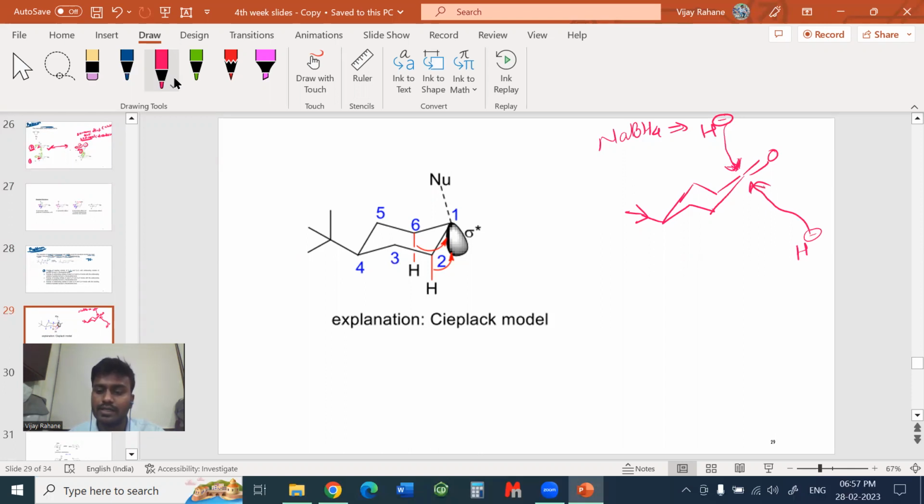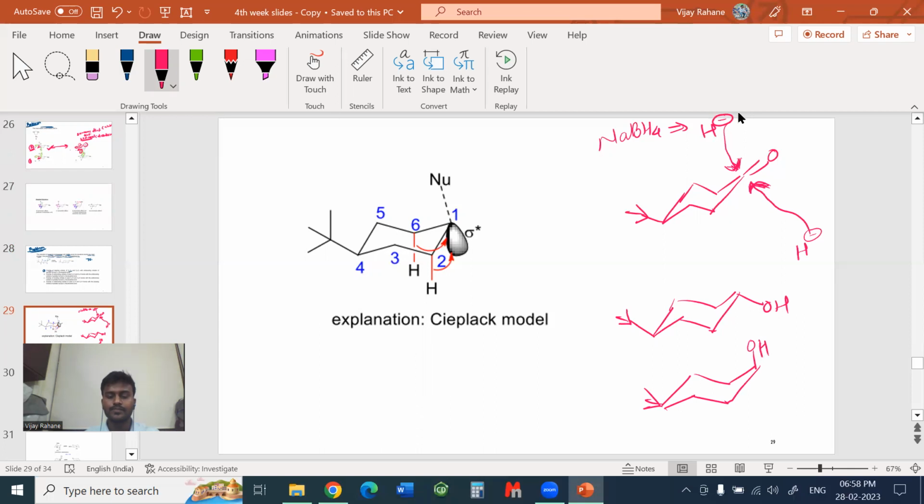And if it attacks equatorially, then the OH will be in the axial position. So there are two possibilities. Hydride attacks axially, then this is product one, and the second product is, if hydride attacks from the equatorial position, then the OH will be axial, right?